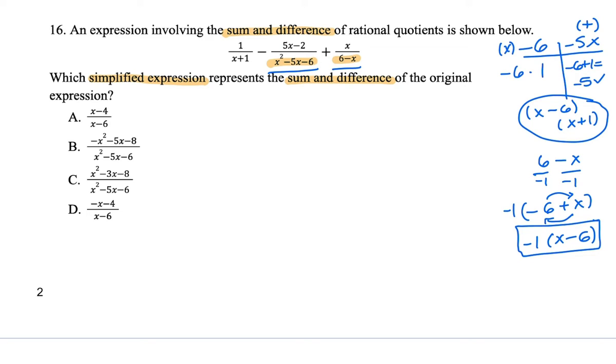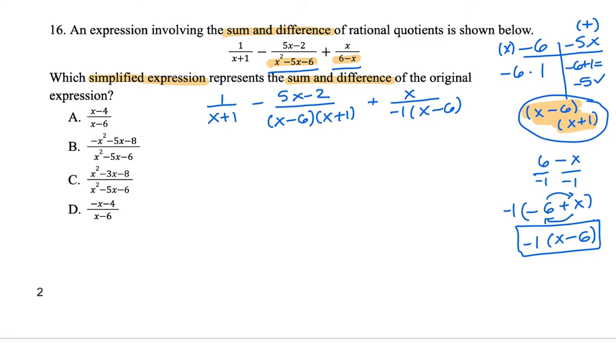So now I'm going to go ahead and rearrange my expression with my new factors. I have 1 over x plus 1 minus 5x minus 2 divided by the factors that I'm going to use instead of the trinomial, x minus 6, x plus 1, plus x divided by -1 times x minus 6.